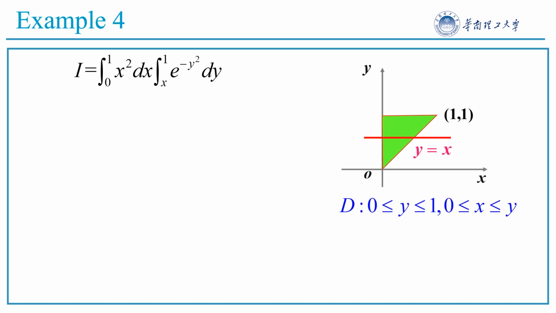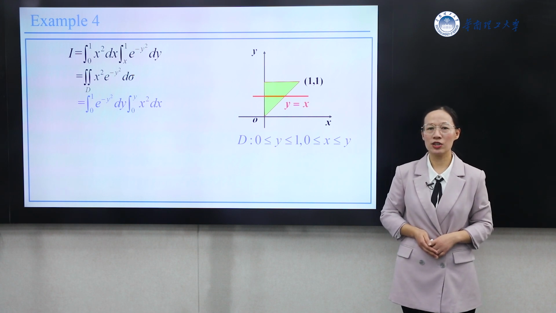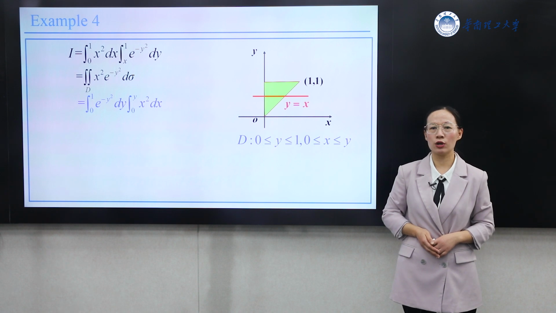The original iterated integral is equal to the double integral of x squared times e to the power negative y squared on region D. Regarding D as the y-style region, we can get this iterated integral. First, fix y and integrate x from 0 to y, and then integrate the result on y from 0 to 1.